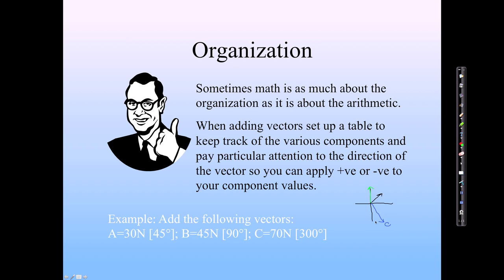And let's then break these vectors into their x and y components, add up the x components for the total x, add up the y components for the total y, and come up with a resultant vector D, that is the sum of A and B and C. And so what we'll do is look at the vector A. It's 30 newtons at an angle of 45 degrees.